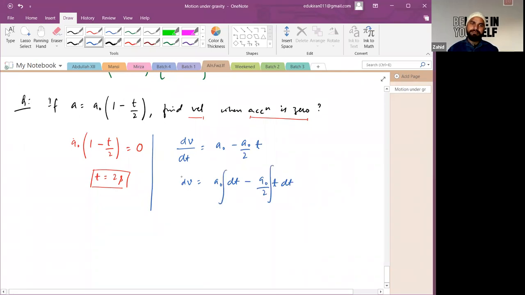Integrating both sides, you will get velocity. If you have x raised to n times dx, so integration will be x raised to n plus 1 divided by n plus 1. And integration of dx will be just x.